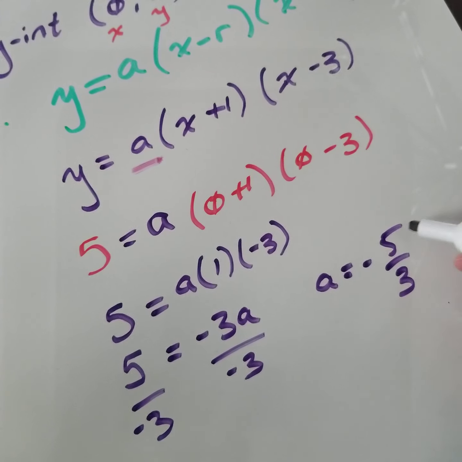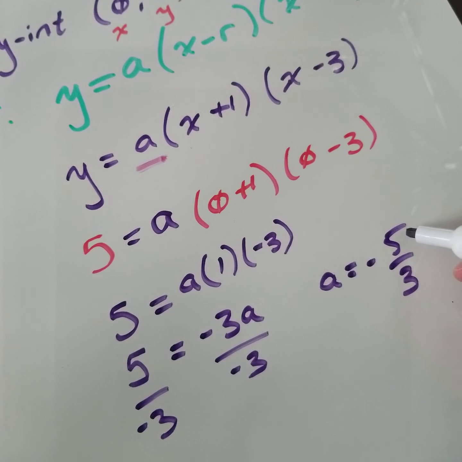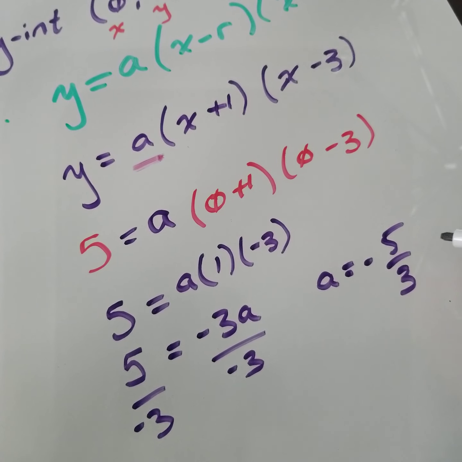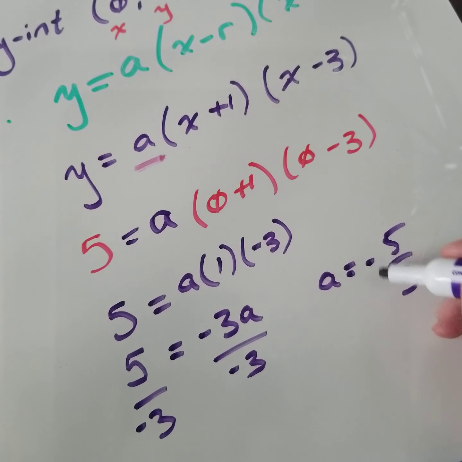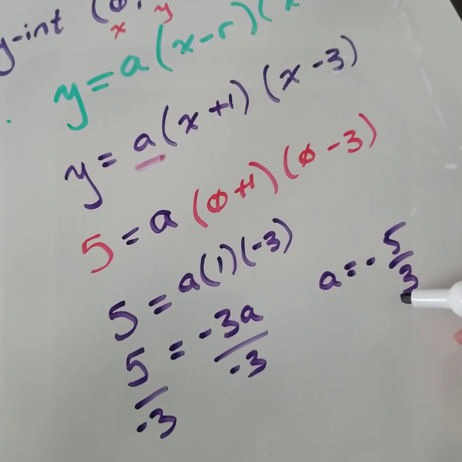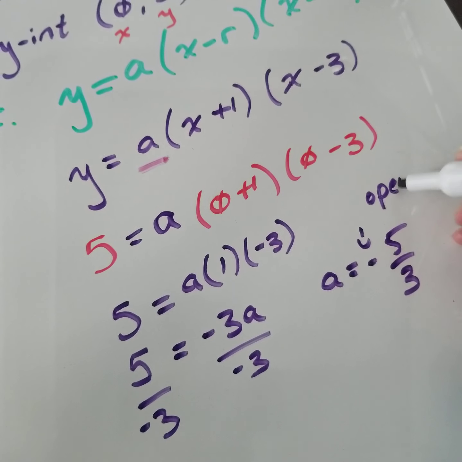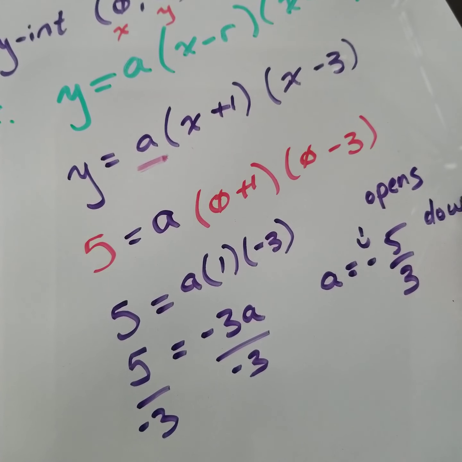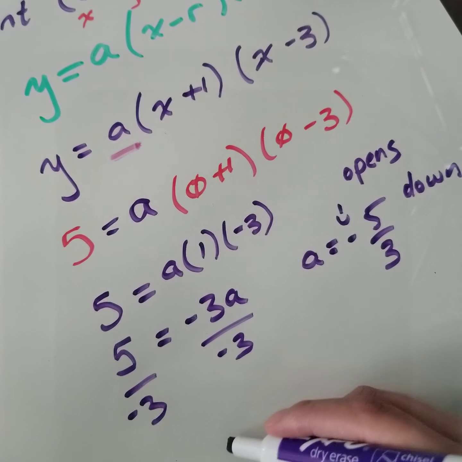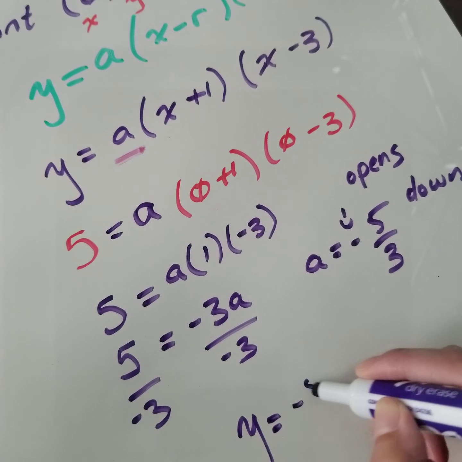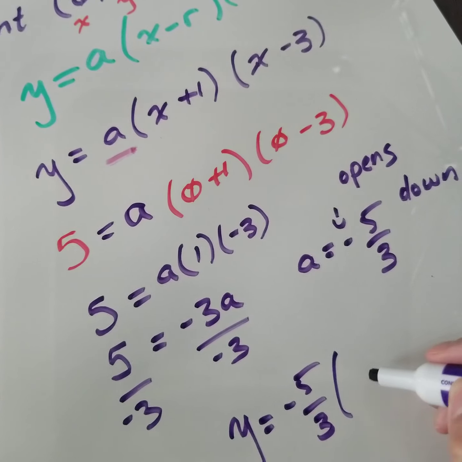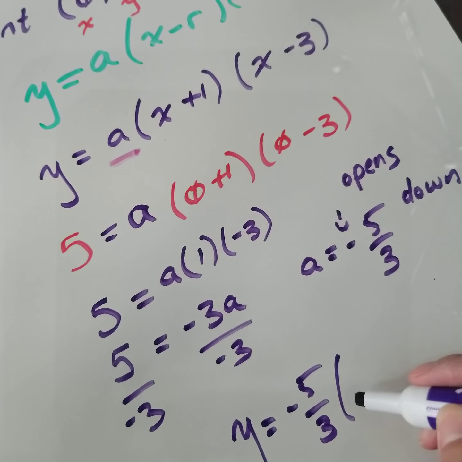This one is a reduced fraction. We can leave it as a decimal as well. So we'll get both of those answers, and I'll show you on Desmos. So this negative is important because I know it opens down. And when I plot it on Desmos, when I write the equation y is equal to -5 over 3, x plus 1, x minus 3, it should still have those x-intercepts.